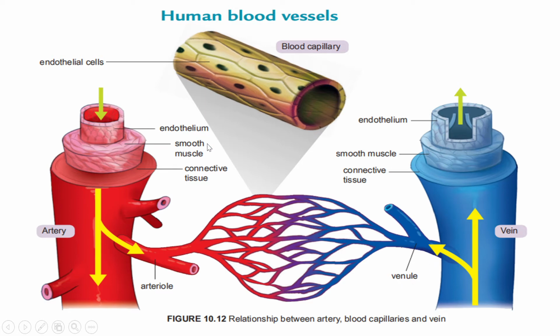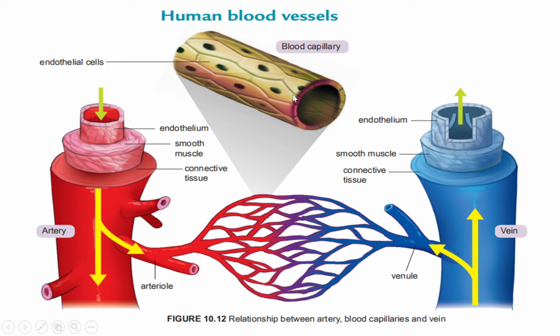And another information is that you can see that artery and vein are very muscular, and they are formed by the smooth muscles, connective tissues, and also the endothelium. Unlike blood capillary, it is just one cell thick.